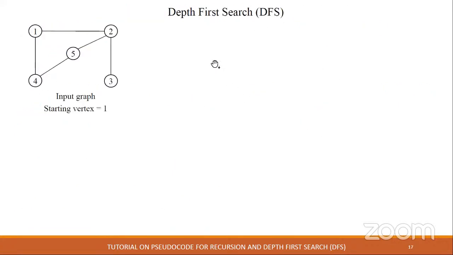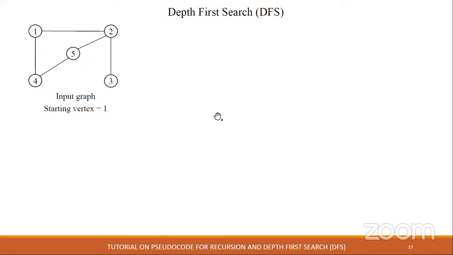Next part is DFS. With respect to DFS, in the previous Solve with Us session of week 11, I have explained the pseudocode for DFS. So if somebody is interested in that, please refer to that session. Today I will not be talking about pseudocode, but just the general process of how this recursion part of depth first search works.